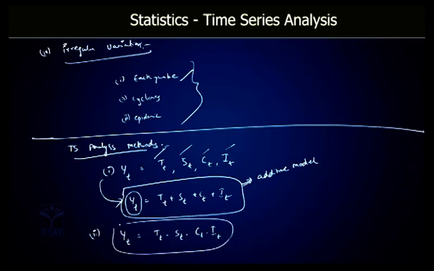Then we call it the multiplicative model. So these are the two methods by which we analyze our time series. The first is that each effect acts independently on the YT, and the second is that each variation acts proportionally on the YT.